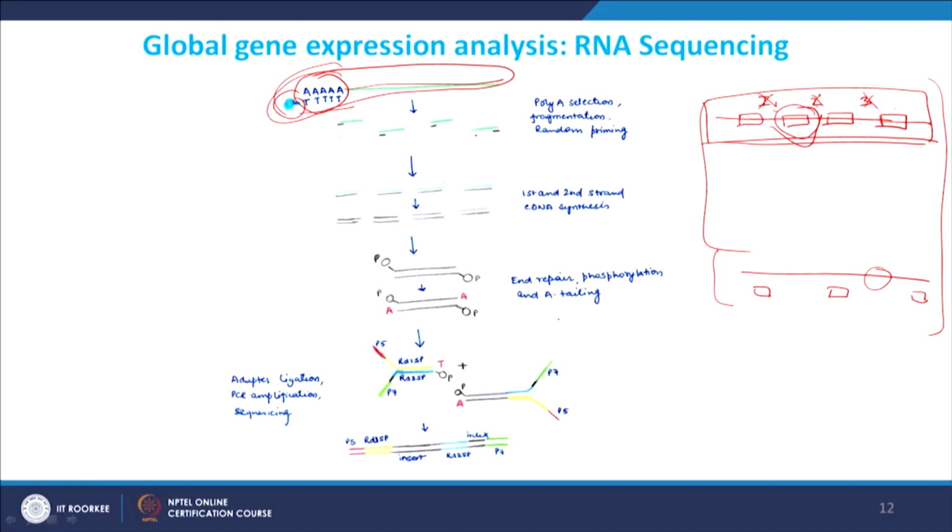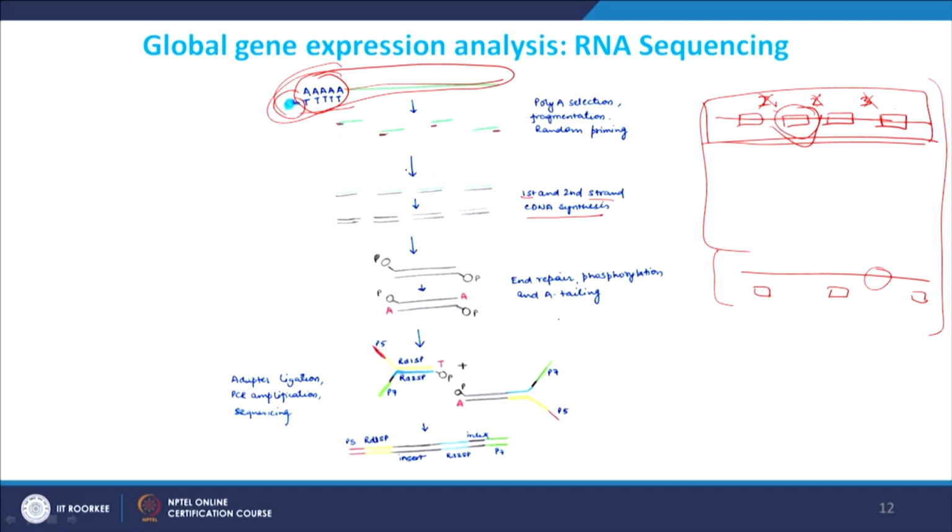You can make small fragments of RNA and then use some random primers. Random primers are basically small 6 nucleotide long single stranded primers with different sequences. So, they can randomly go and bind different places, and then you can do first strand cDNA synthesis and second strand cDNA synthesis.